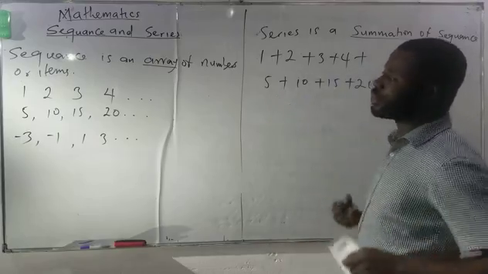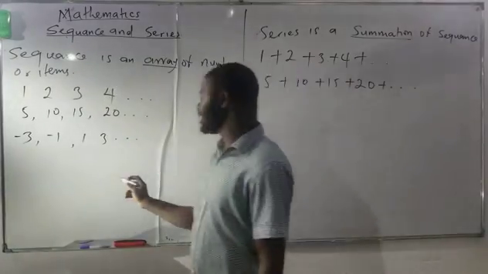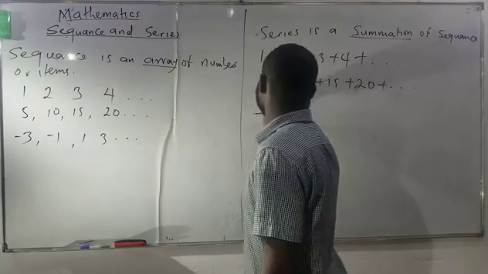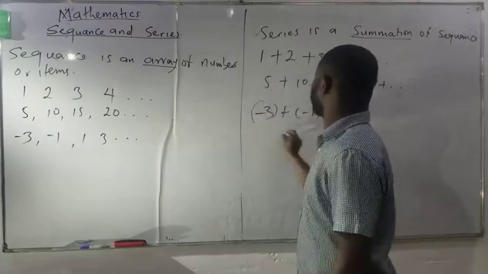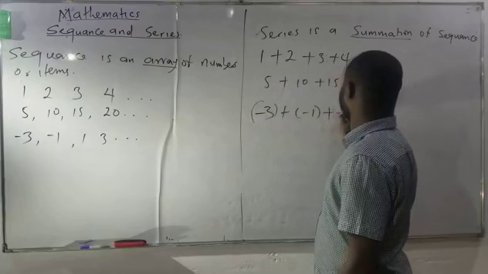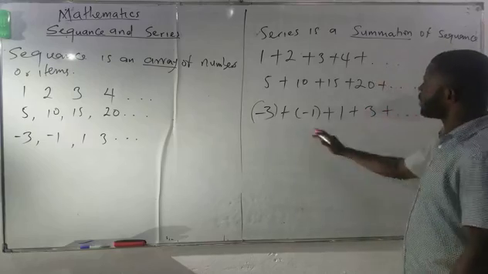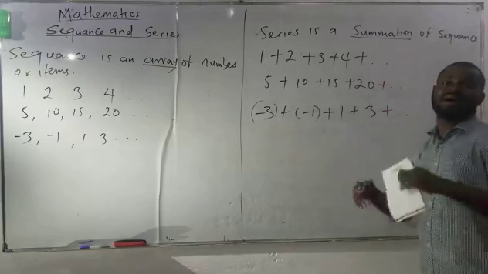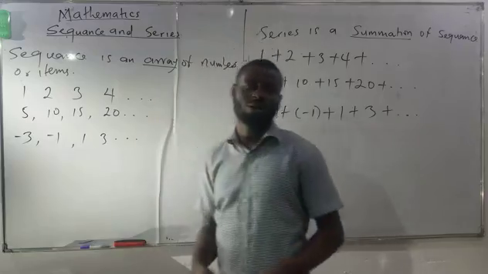Series is a summation of a sequence. Mind you, let me emphasize: 3 plus bracket of minus 1 plus 1 plus 3 plus and so on. Anytime you have a summation of a sequence, that is called series.